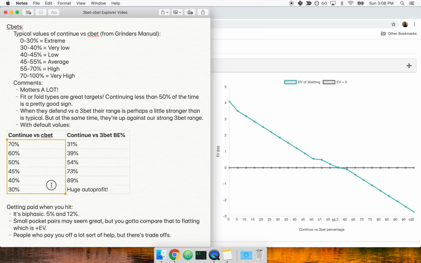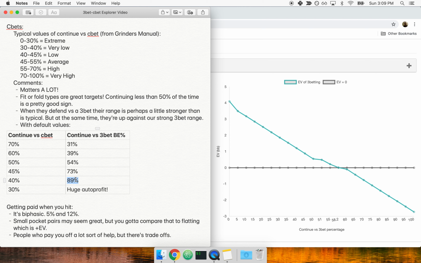This table here shows, let's look at this row right here. If they're continuing versus your c-bet of half pot 40% of the time, then they need to be defending versus your 3-bet 89% of the time. Okay?